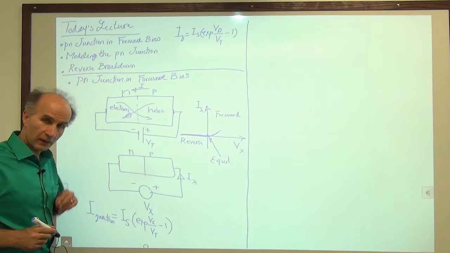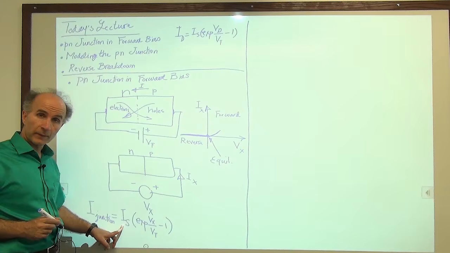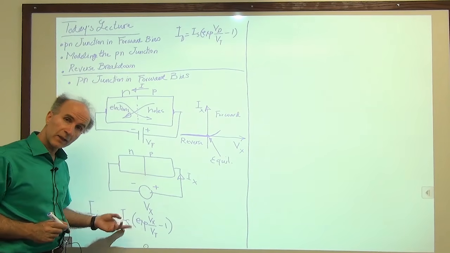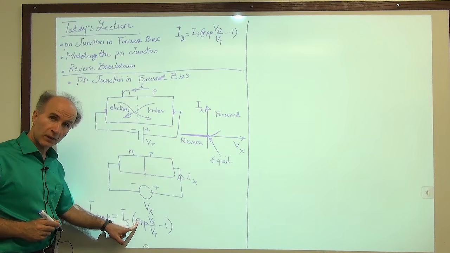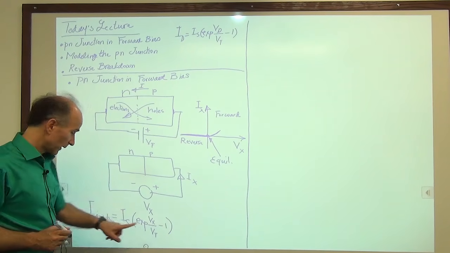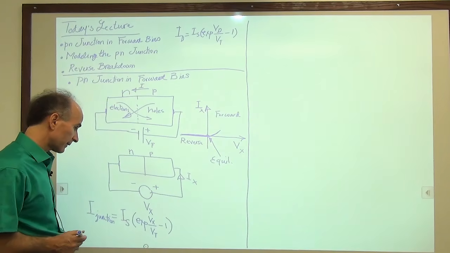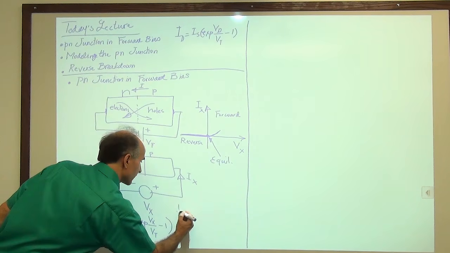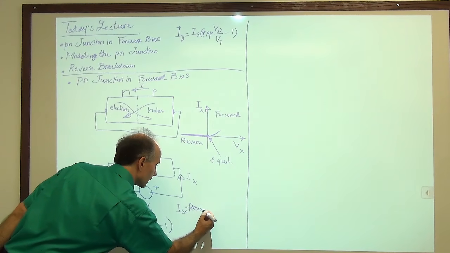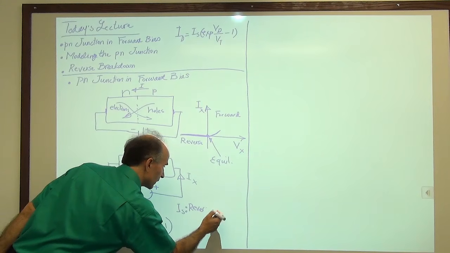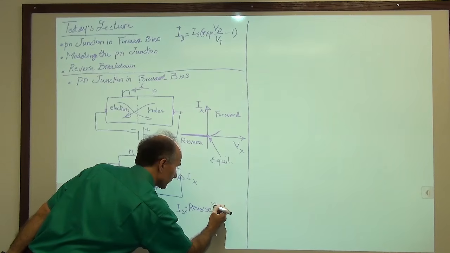So let's familiarize ourselves with all of these quantities. Ix is some sort of current quantity. Why do we need Is here? Well, because x doesn't have a dimension, 1 doesn't have a dimension, but this side has a dimension. So we need something here, and that's called Is. Is is called reverse saturation current.